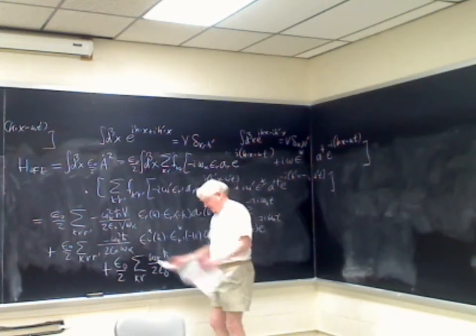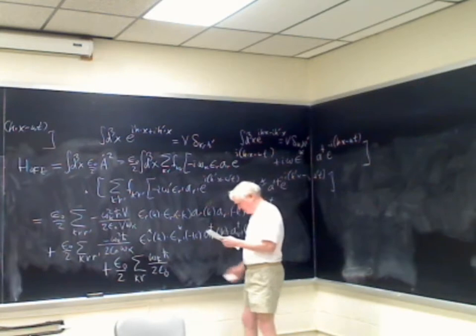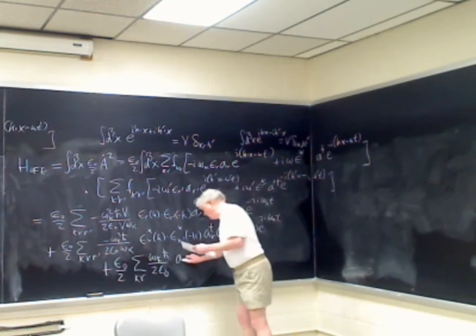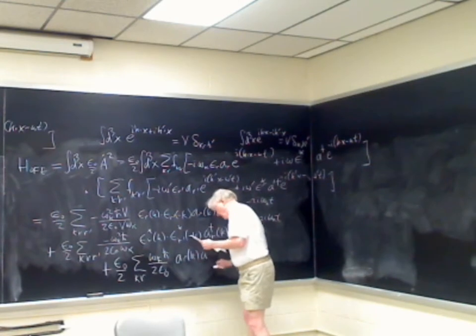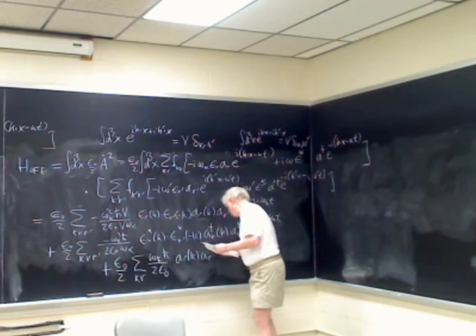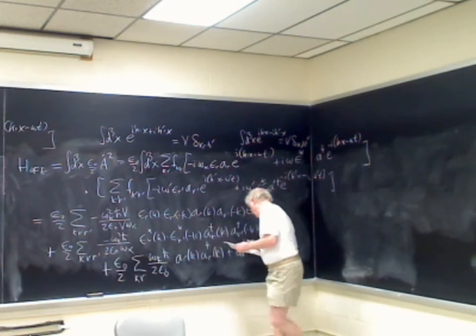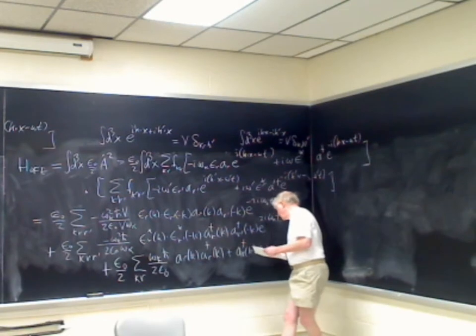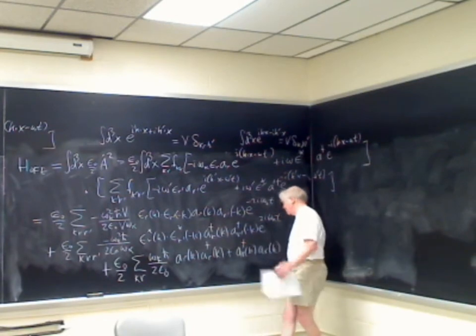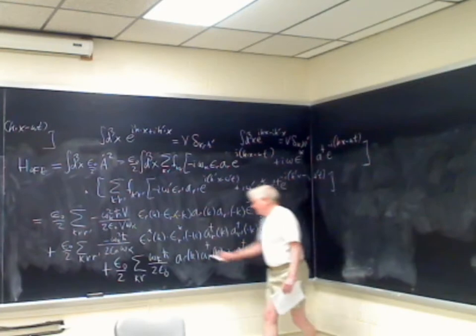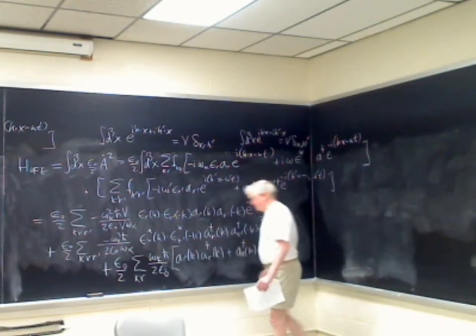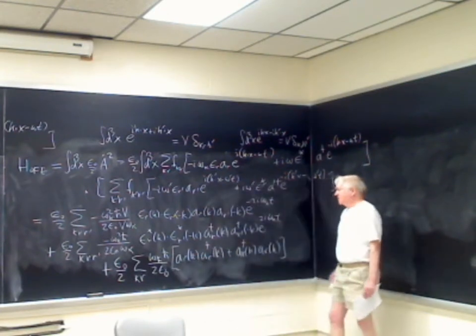I could have canceled the ε₀, so we'll do that in the next stage. This is then a_r(k) a_r†(k) plus a_r†(k) a_r(k), and there's no time dependence at all here, which is a sign of the thing that we want to keep.